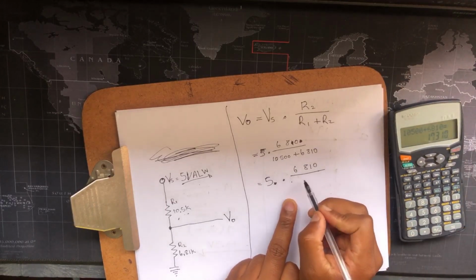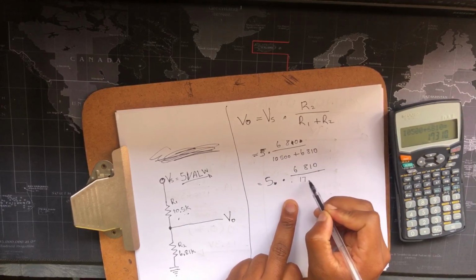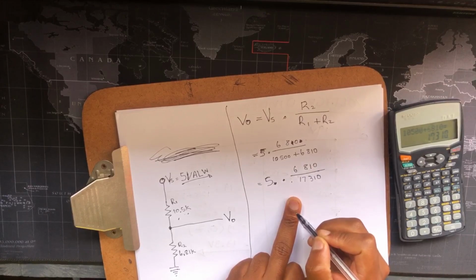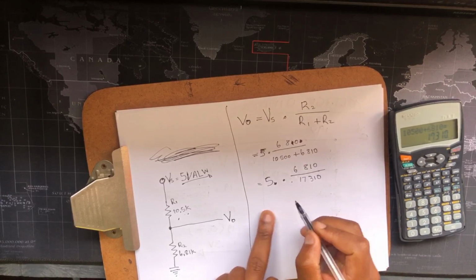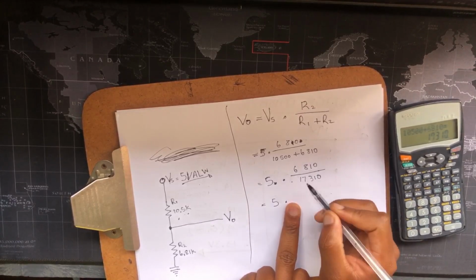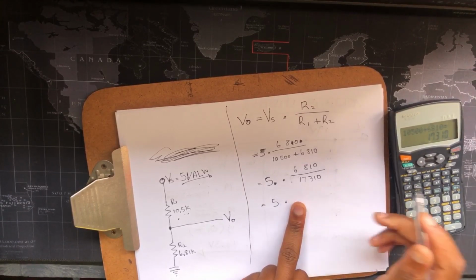The answer is 17,310. If it's going to be 5 times, then let's divide this.